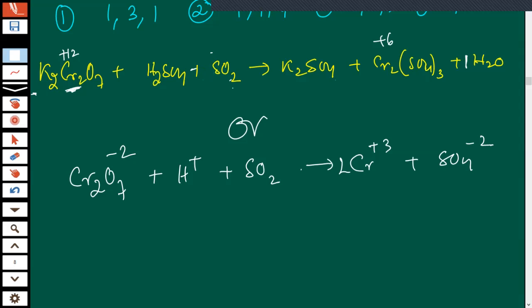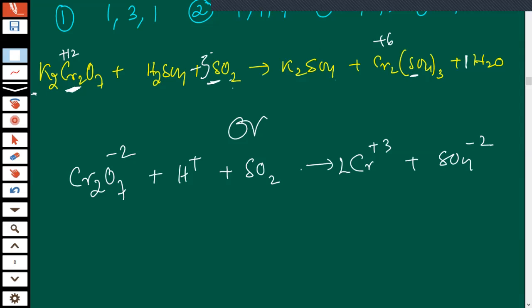We write 3 over here, right? And 3 sulfates are here, because we don't know where that sulfate has gone. So we'll try our best. Suppose these sulfates are here. Then chromium is balanced.